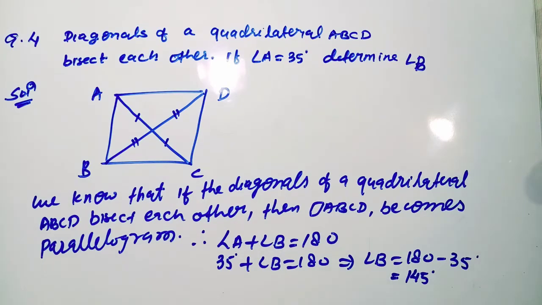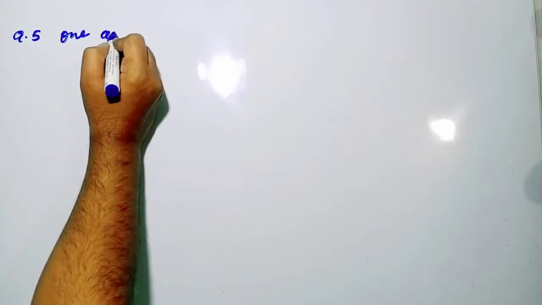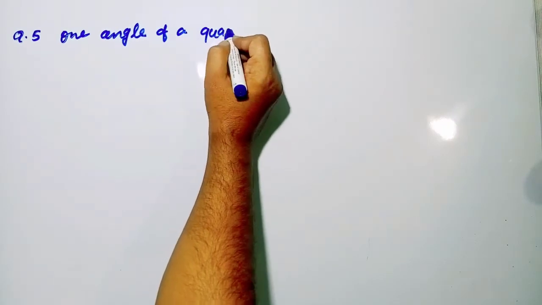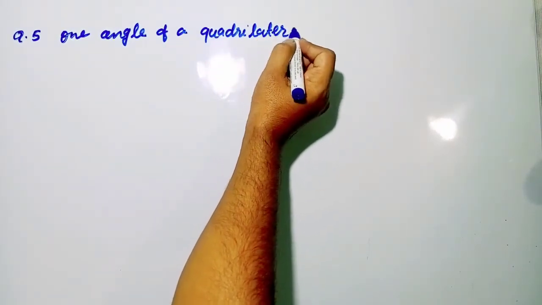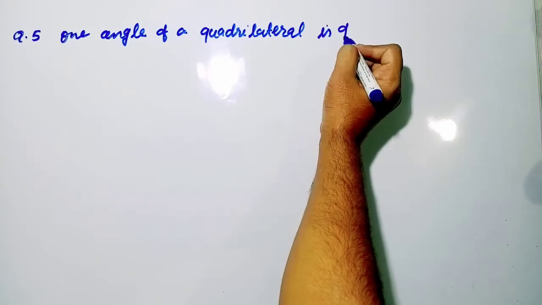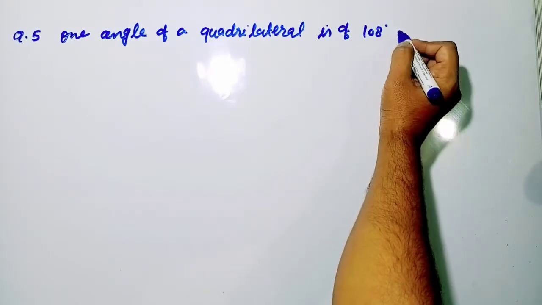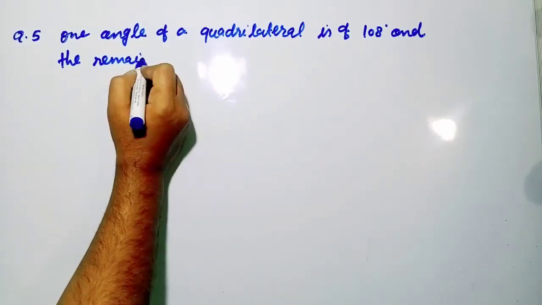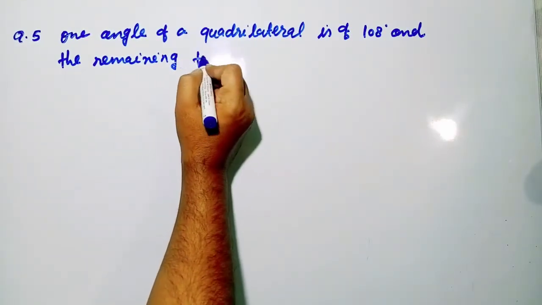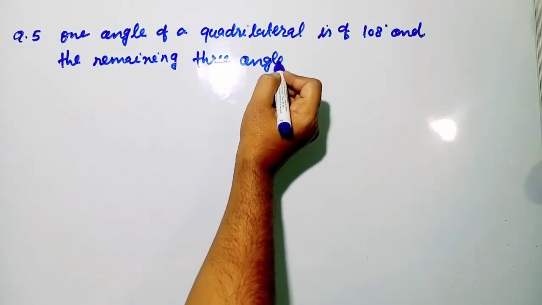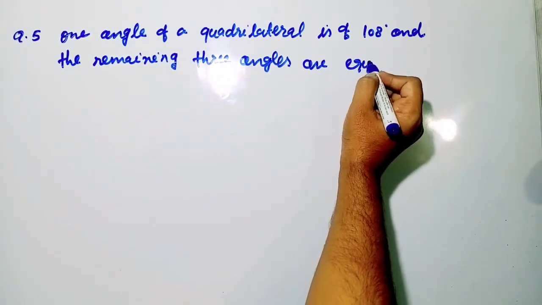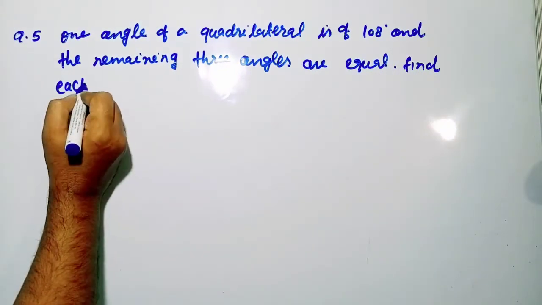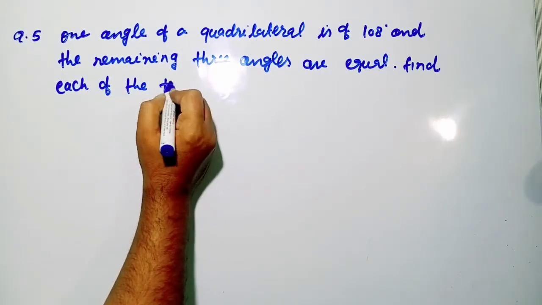Okay students, now moving to the next question. One angle of a quadrilateral is of 108 degree and the remaining three angles are equal, so find the other three angles, right?